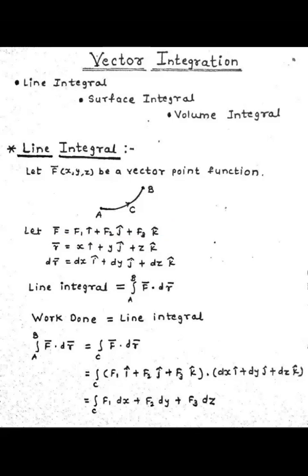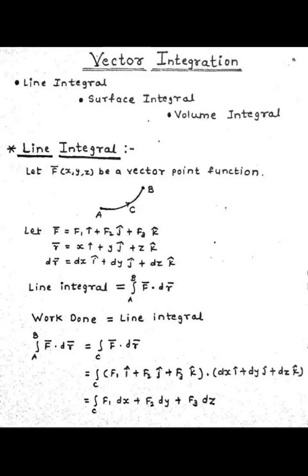Now, the definition of line integral: an integral which is evaluated along the curve C or a straight line is called a line integral. To calculate the line integral, a function must be defined, that is f bar.